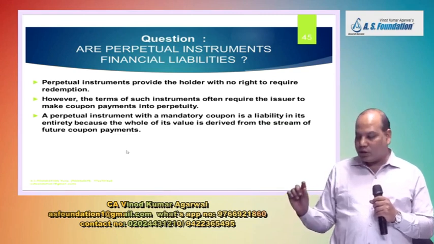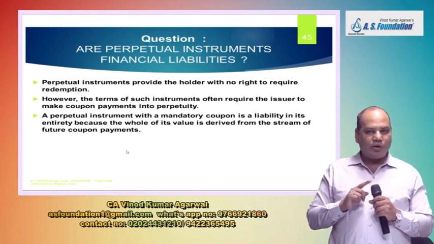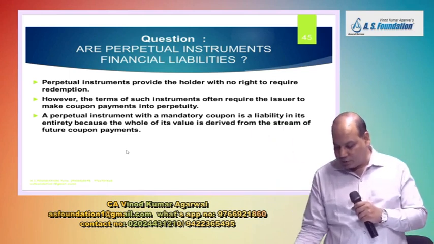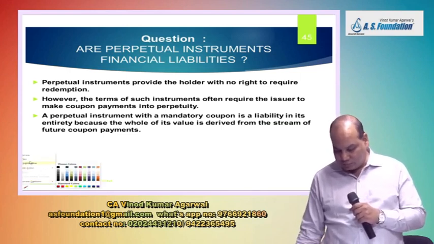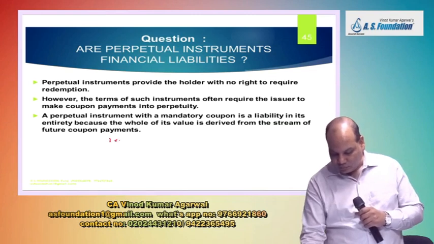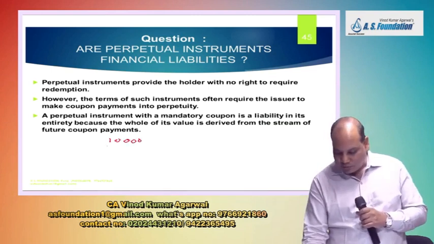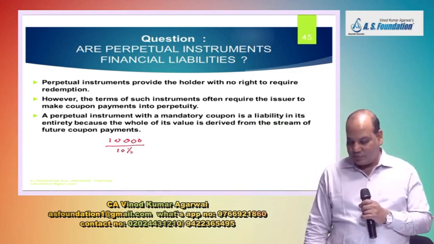So normally in such an instrument, what happens? The amount that you pay for the instrument is nothing but the present value of all future coupons. For example, only for understanding, a company will pay you 10,000 rupees coupon every year and your required rate of return is 10%.